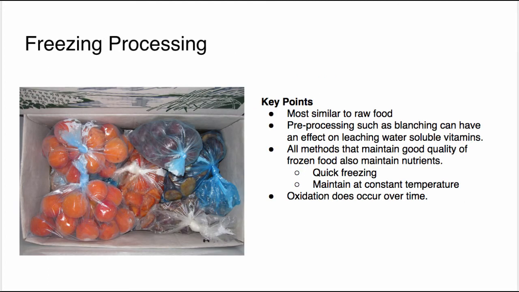The freezing process is the most similar to raw food. There being a slight change in vitamins if there's been some pre-processing. So some of that blanching, either by water or steam, can reduce some of those water-soluble vitamins. But in general, freeze processing keeps the nutrients very similar to raw food.